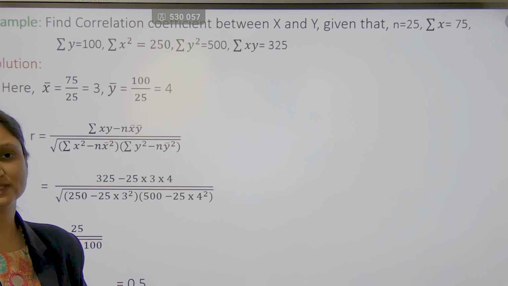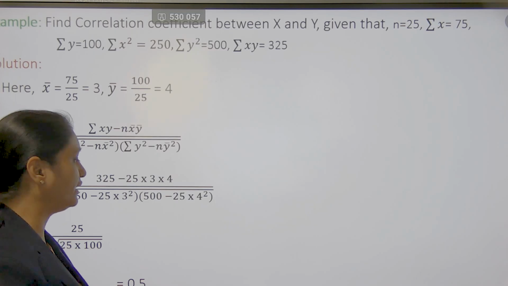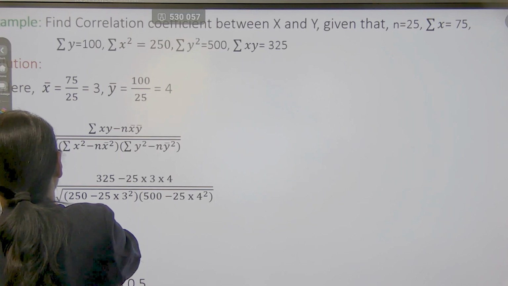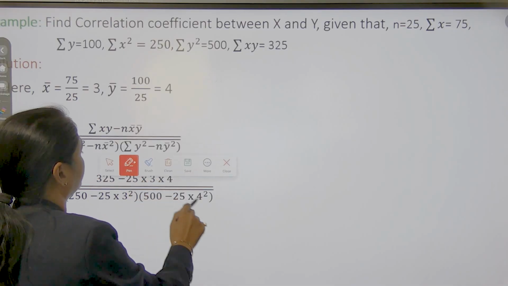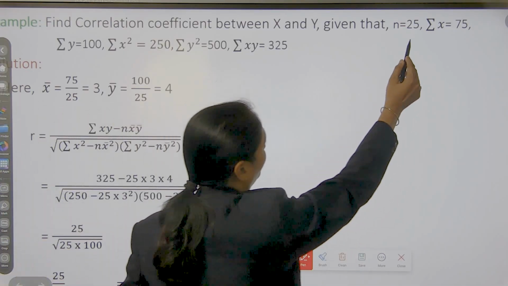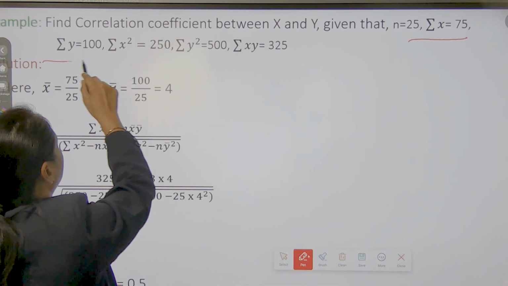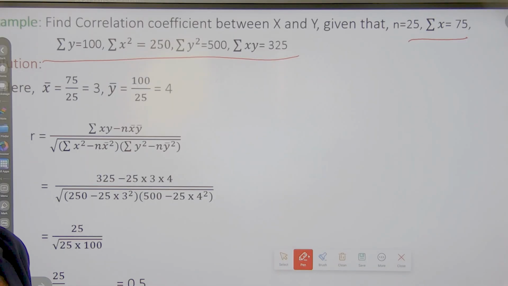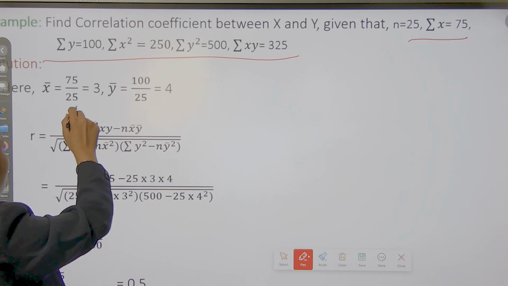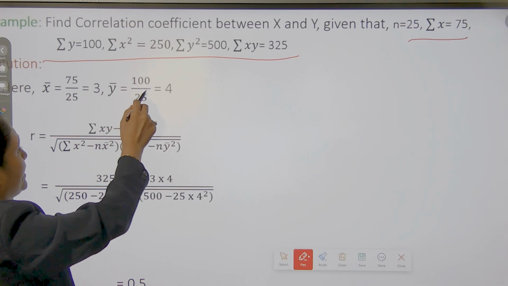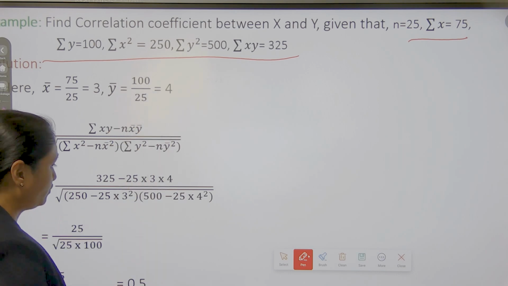So in previous example we have calculated all these values, but in this example the values are already given, so there is no need to calculate the values again. So here x bar is equal to 75 upon 25, that is 3, and y bar is 100 upon 25, that is equal to 4.